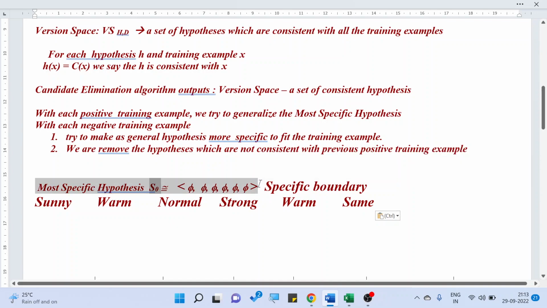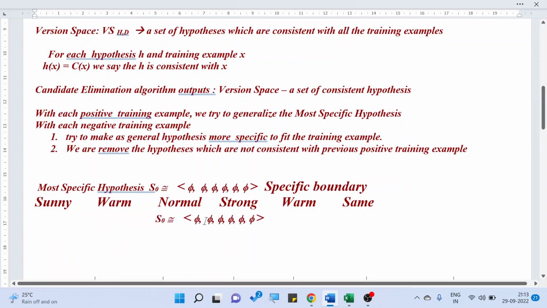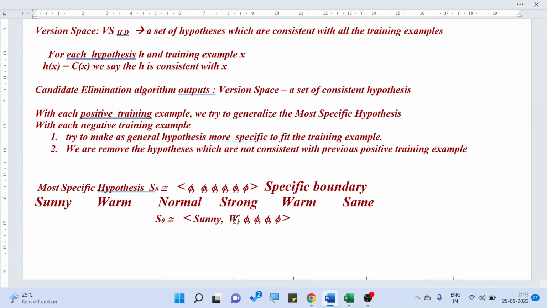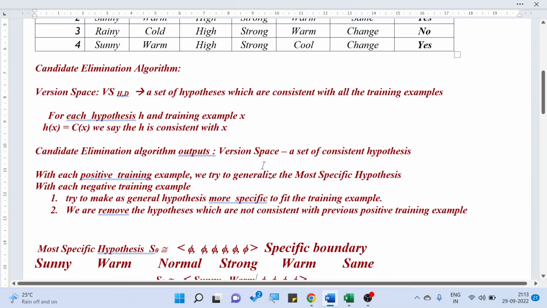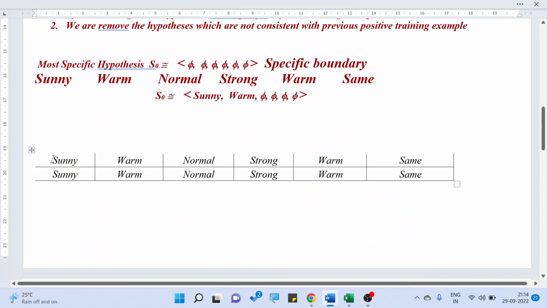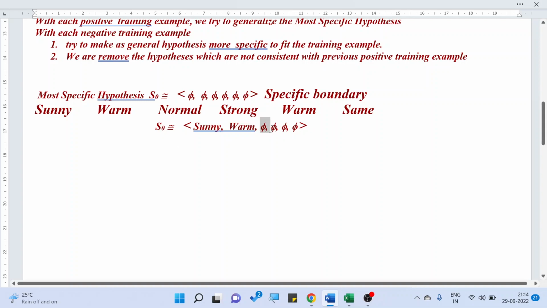Now S naught is saying that it will not accept any value, but as per the first training example we are sure that it will accept sunny in the weather, the sky, and warm, the air temperature, and normal, and strong.